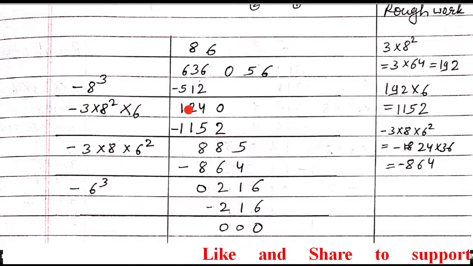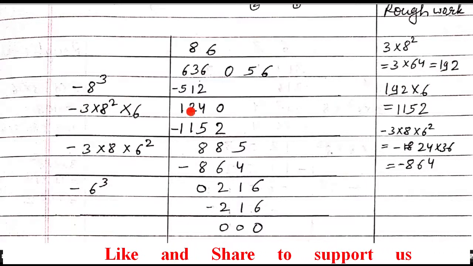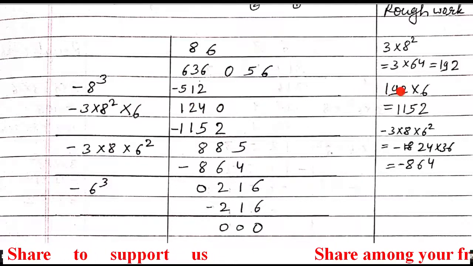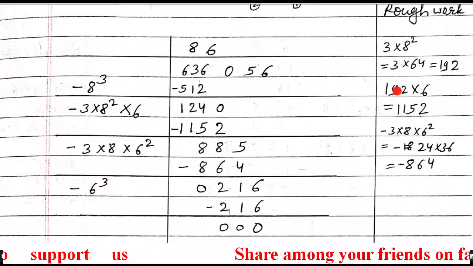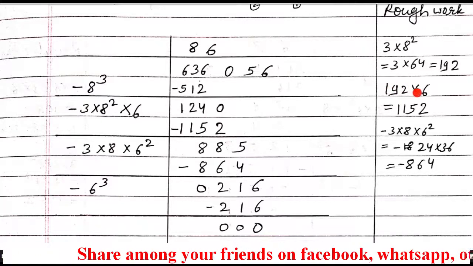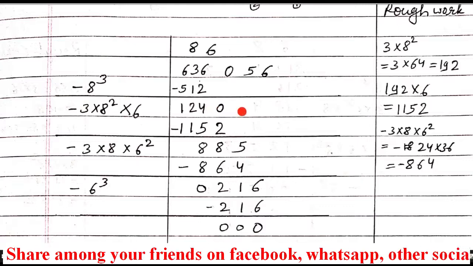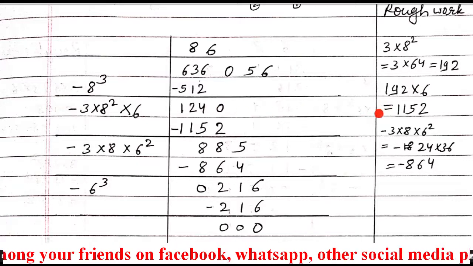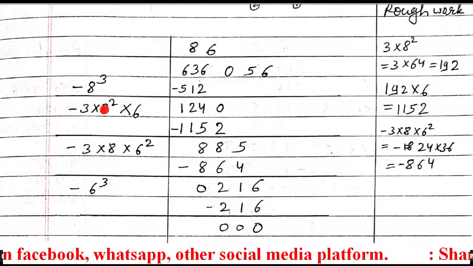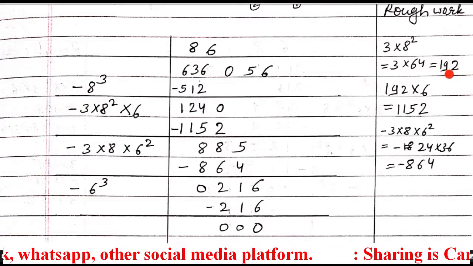Now we have to divide this 1240 by 192. Either do it like this or multiply 192 by a number whose product is either 1240 or just less than this. I am repeating, when we multiplied 3 into 8 square, we obtained 192.